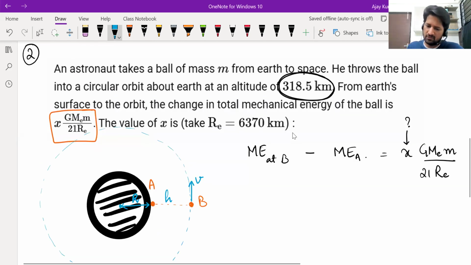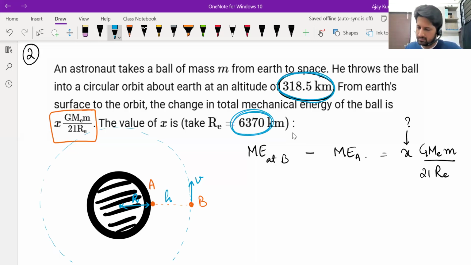One of you tell me, do you see any relation between 318.5 and 6370? 637 divided by 2 is 318.5. So basically, this is radius divided by 20.